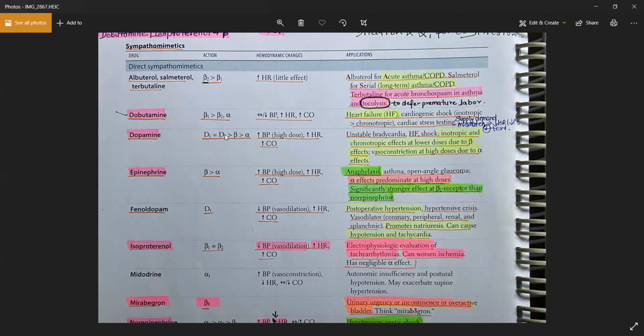But the supply is already very low. So a supply demand mismatch will occur: supply is low, but the demand is high. And what you will get is chest pain, because you will get the symptoms of angina, and that is how you will use this drug in cardiac stress testing. So after giving dobutamine, if the patient gets chest pain, that means the patient has angina, a stable angina, I must say.